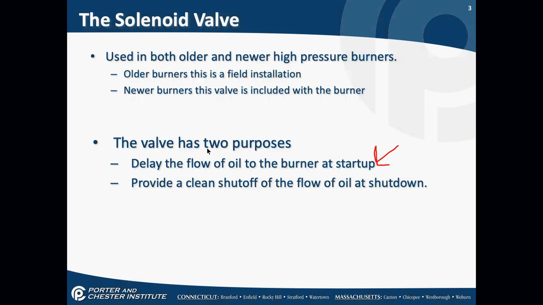On shutdown, I don't have to worry about oil seeping by the pump. I have a solenoid valve there that's going to shut the oil off going to the nozzle. So the valve has two purposes: delay at startup, provide clean shutoff at shutdown.